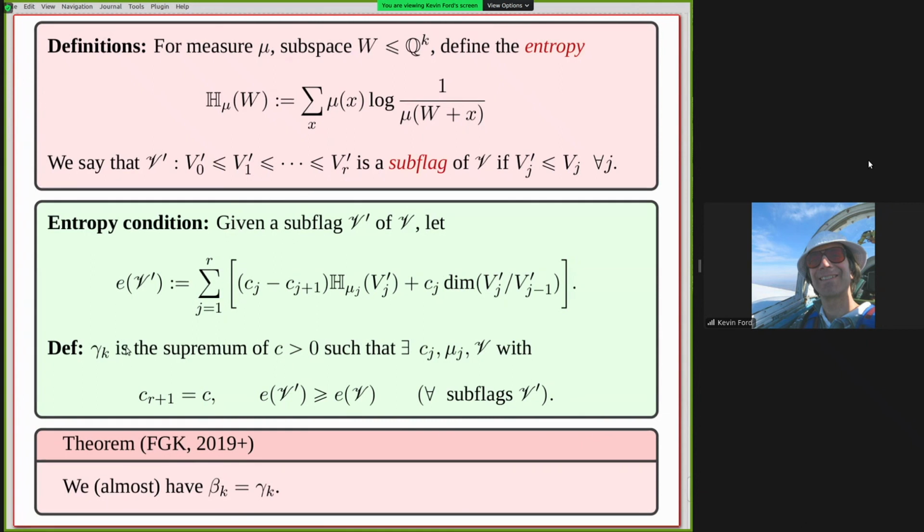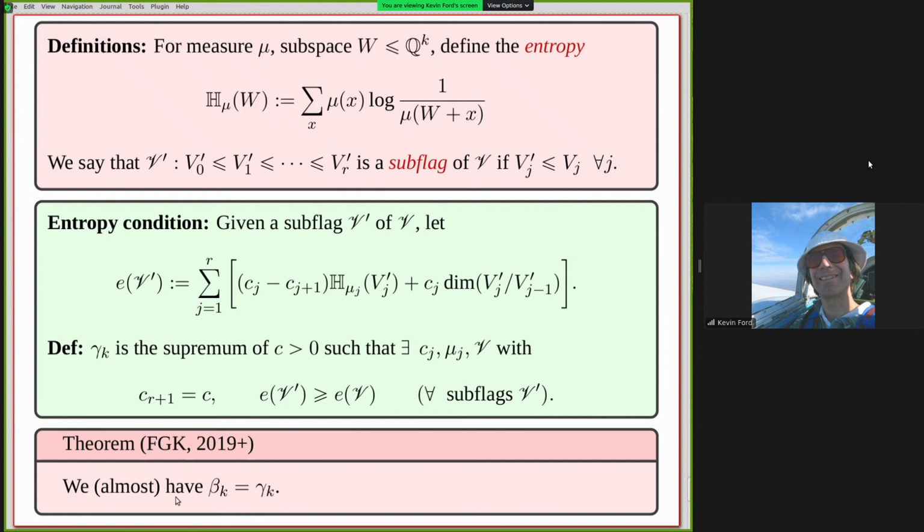And if we define gamma k to be the supremum of all constants such that there exist thresholds, measures, and a subflag with the following property, where the lowest threshold is C, and we have this interesting entropy inequality, we call it. So the E function at these subflags is always greater than or equal to the E function of our original flag.